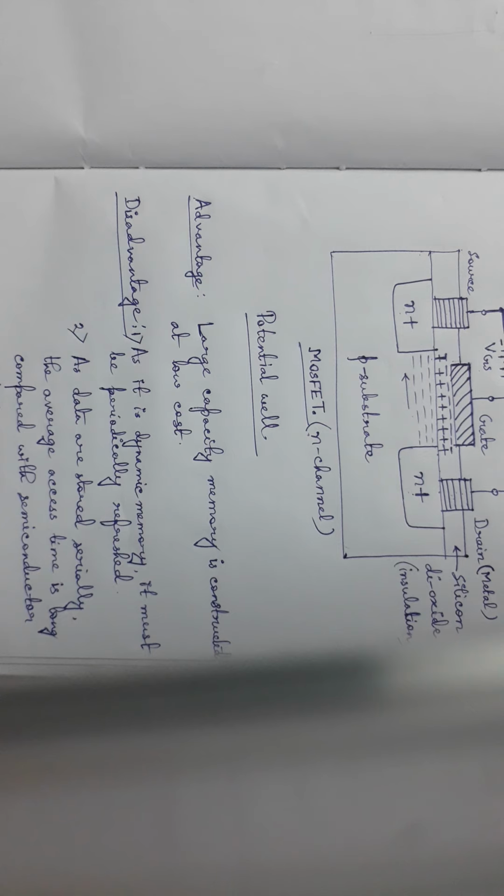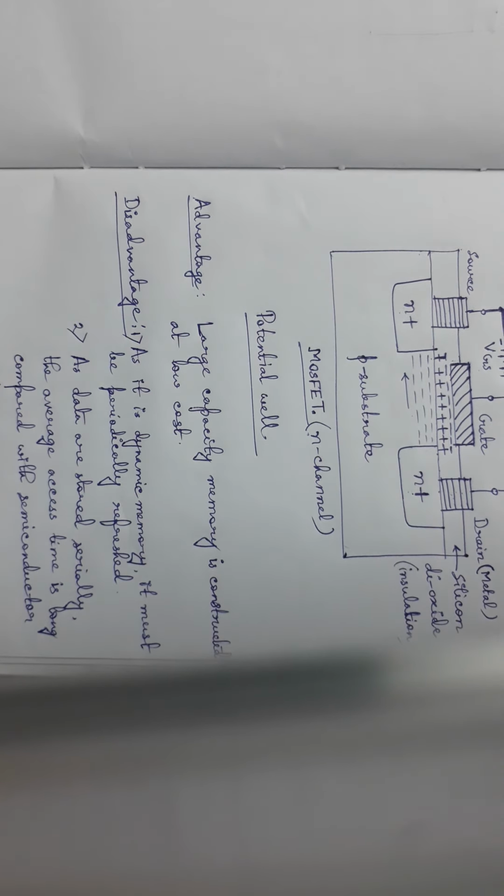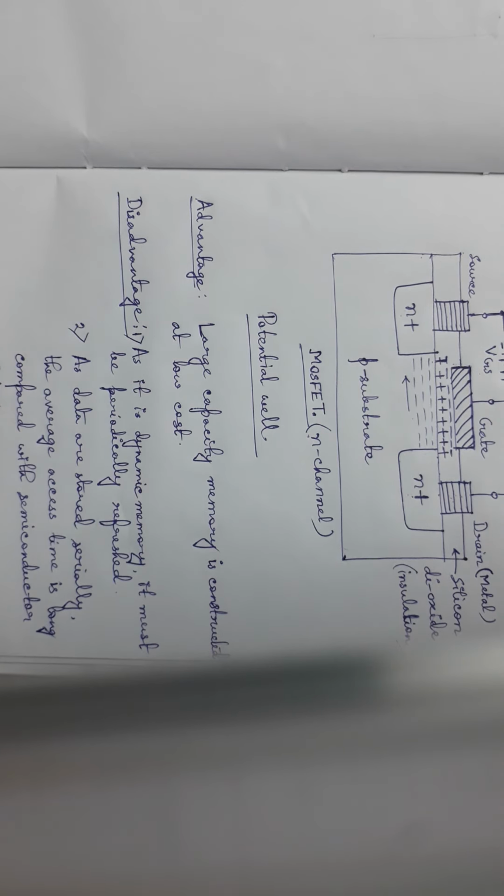And the disadvantages are that as it's a dynamic memory, it must be periodically refreshed, and as the data are stored serially, the average access time is long when compared with the semiconductor RAM memory, because RAM is random access memory.